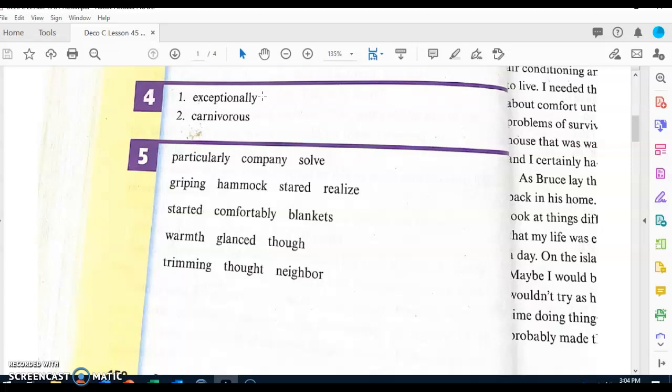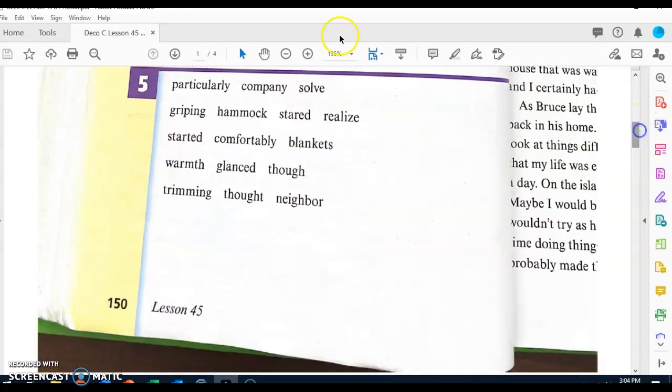The job is exceptionally easy. Touch word number 2. What word? Carnivorous. Carnivorous animals eat meat. Everybody, what does a carnivorous animal eat? Get ready. Meat.